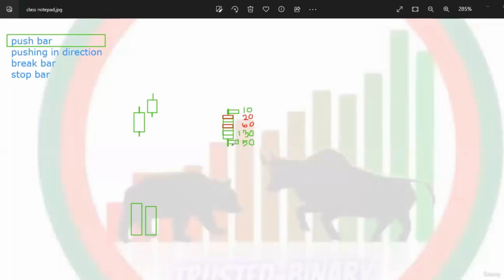So now we will come to know about the internal condition of this candle. What's the internal volume data? Here, this lower part, this wicks area, the volume is 50, by the buyer side here. Now this one 130, this is also by the buyer side. Now this is the 60, this is the seller side. This one seller side 20, this one seller side, and this one from the buyer side.